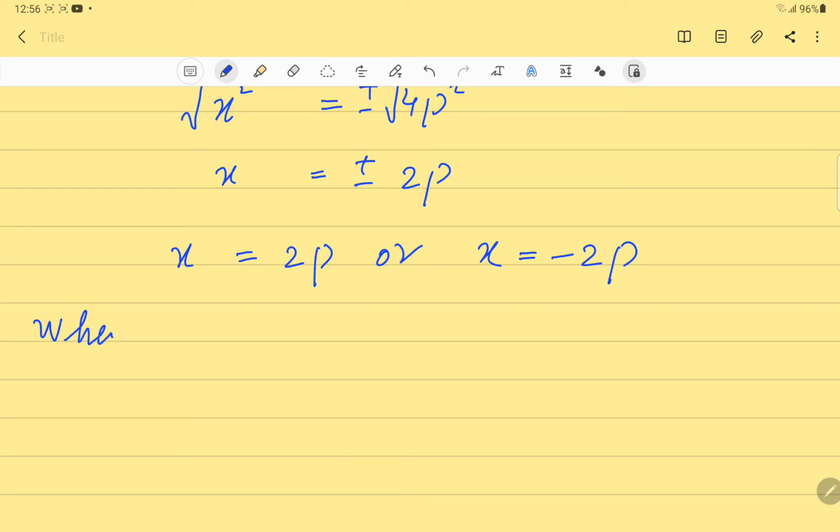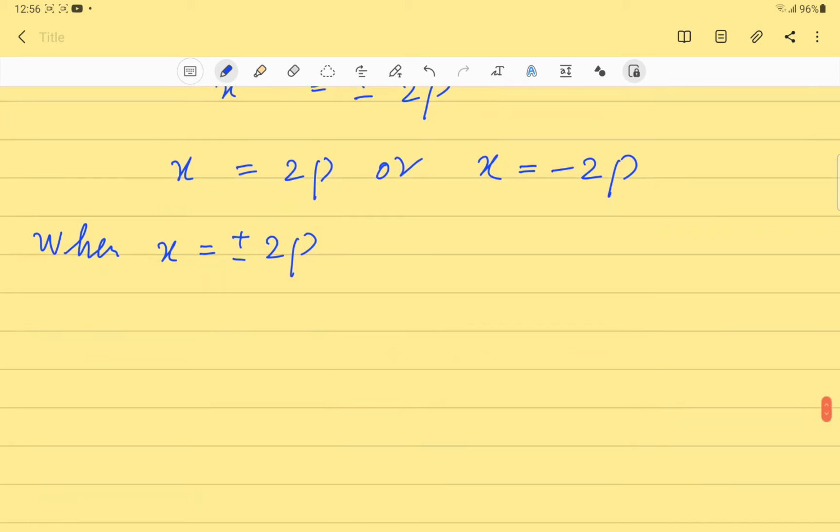When x is equal to plus minus 2p, we will be checking both at the same time, because everywhere in the equation x squared is appearing. When we take the square of any negative or positive sign, it always comes out positive, so there is no need to verify two times.